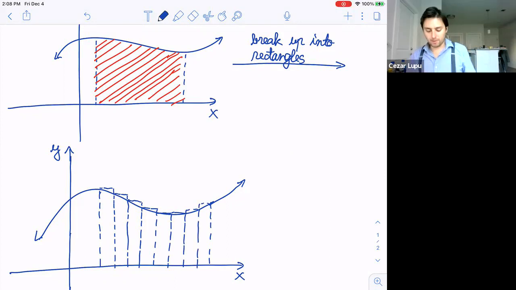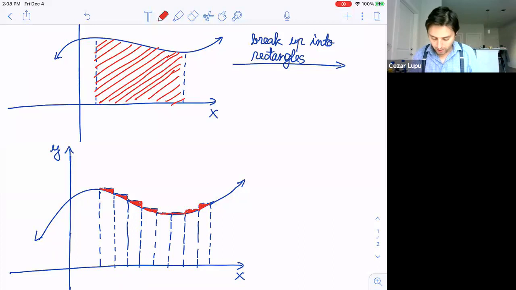So we break this into rectangles, and now let me show you this part here. The same goes here, again same here, and the same here, as you can see.